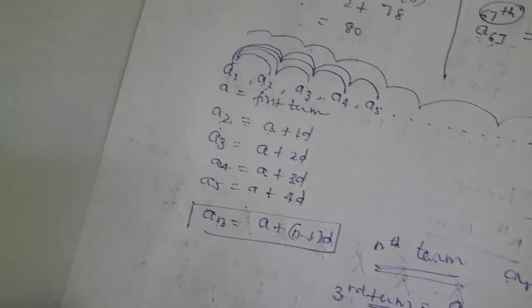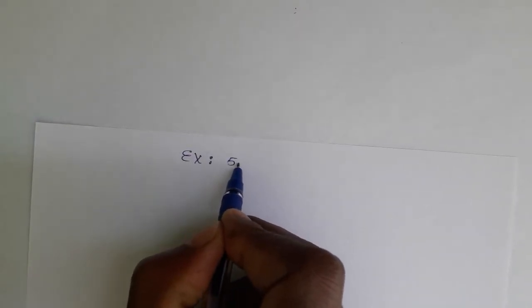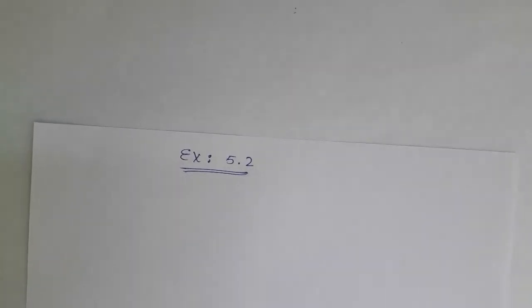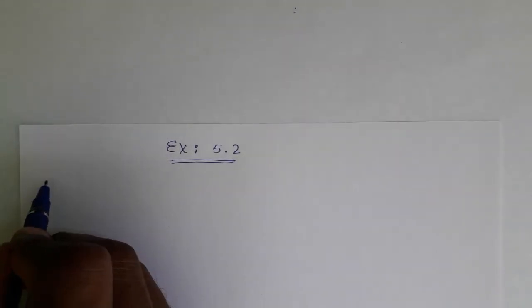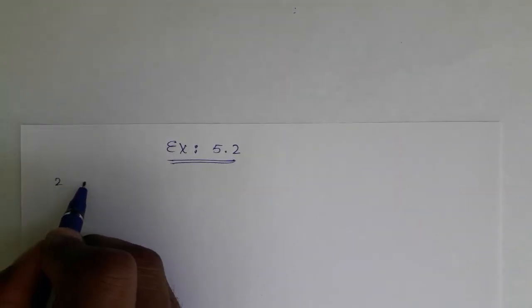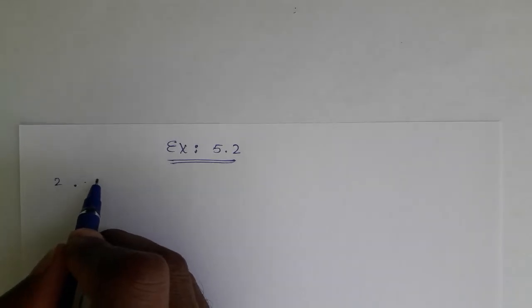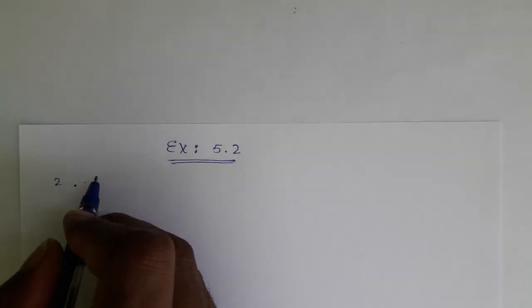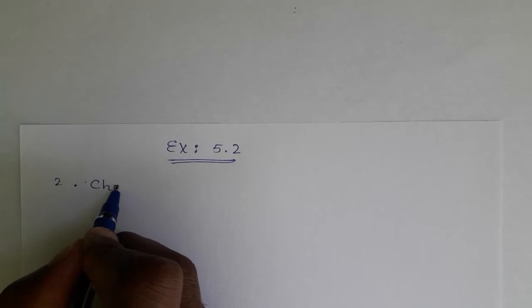Let us go to the exercise using the same idea. So we'll start with exercise 5.2 from the CBSE textbook, arithmetic progression. In that I go to the second main first. The first main is just fill in the blanks, so that you can do at home. We go to the second main.